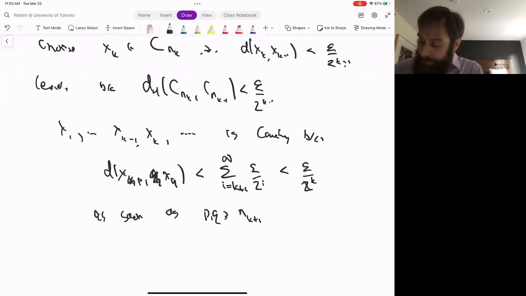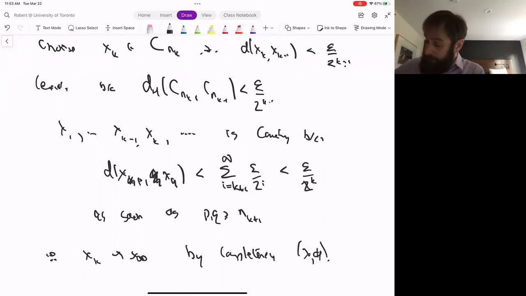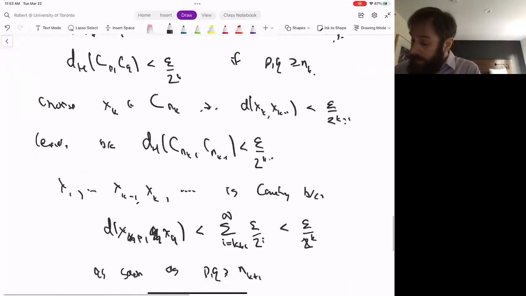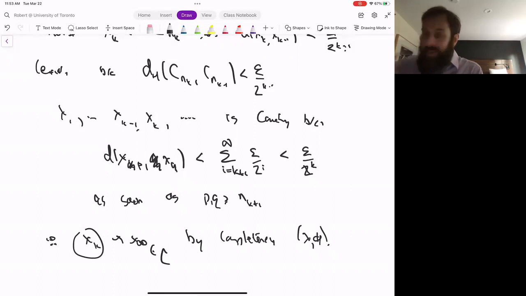And so it has a limit. And that's where I use completeness of the underlying space. And obviously by my definition of C, since these xk's are in arbitrarily large sets Ck, this limit has to be in my set C.